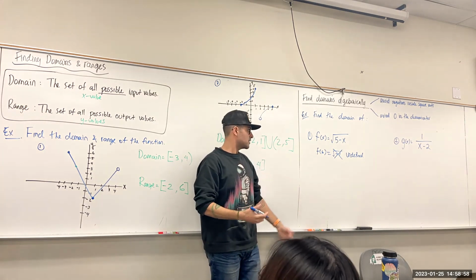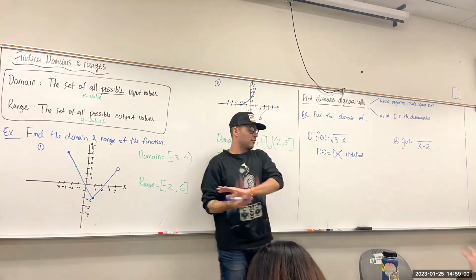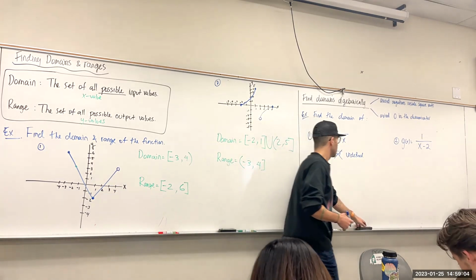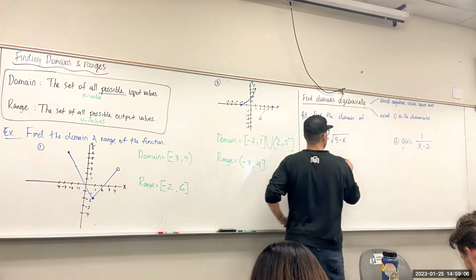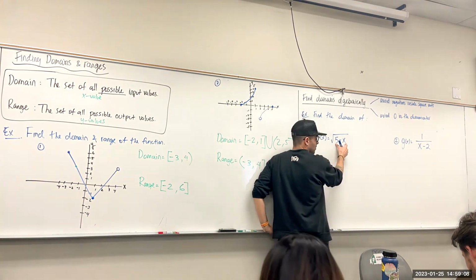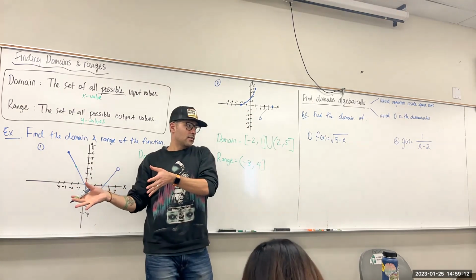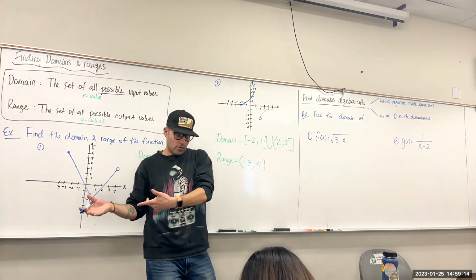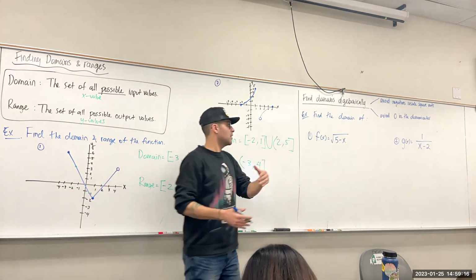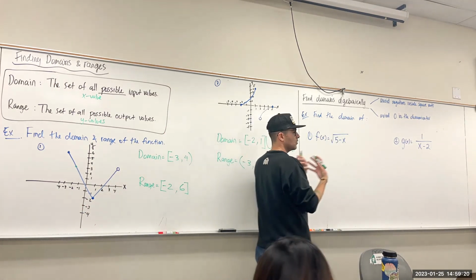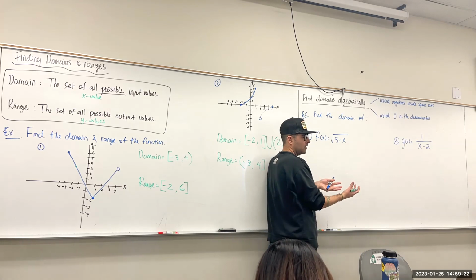So the task here is I have to find all the X values that I can plug in so I do not get a negative. If I don't want this expression to be negative, what do I want it to be? Positive or zero. The reason this is hard for students is because you have to introduce math here yourself.